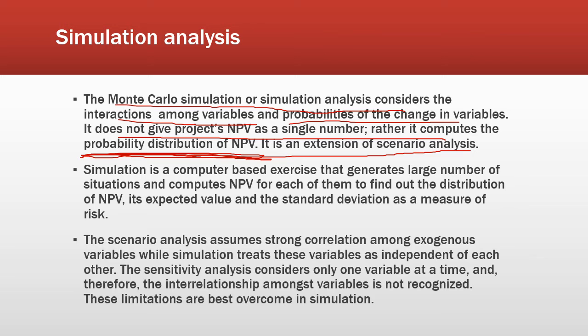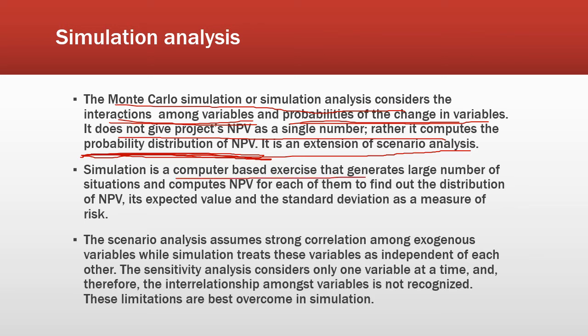It considers the interaction among variables like scenario analysis, and the probabilities of the change in variables, like if sale price can change in the next year and the probability is 20%. It does not give the project NPV as a single number, rather it computes the probability distribution of NPV.